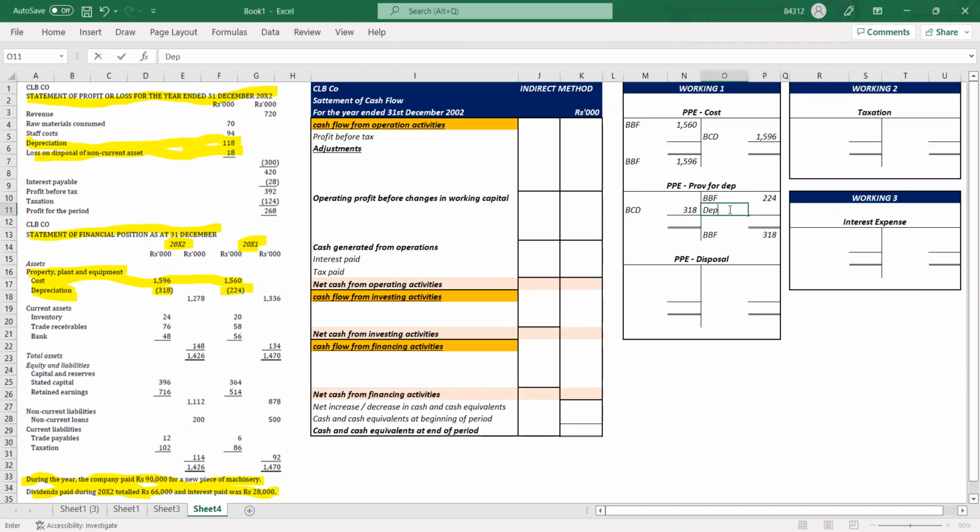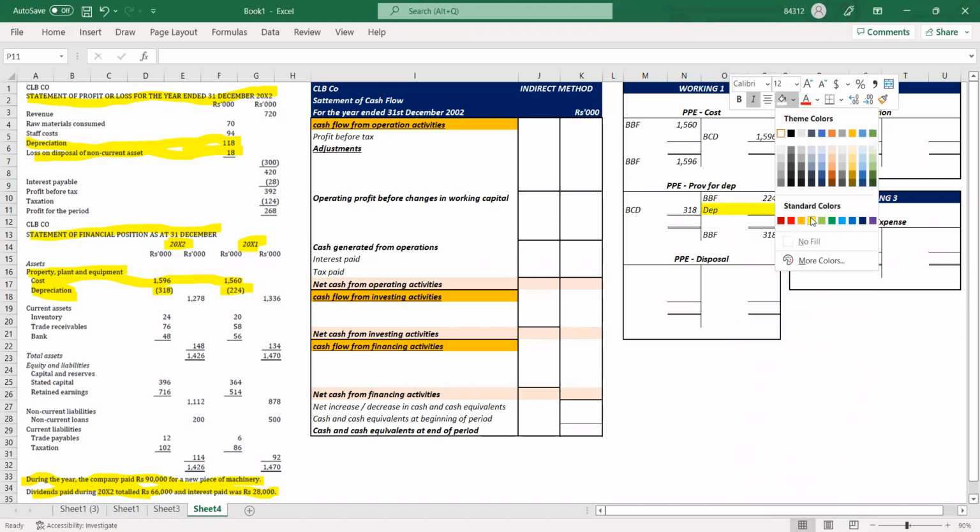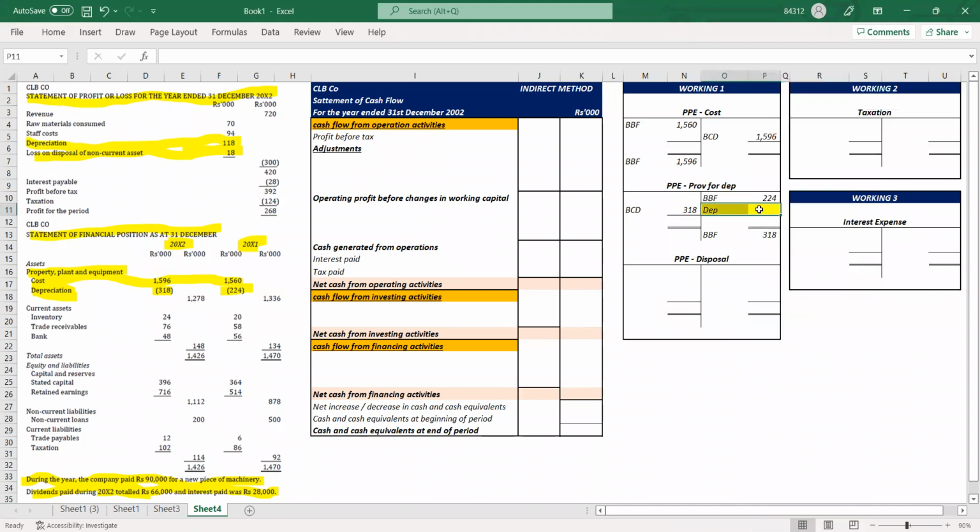Here, depreciation. The current year depreciation. P&L debit and this is credit 180. Okay.